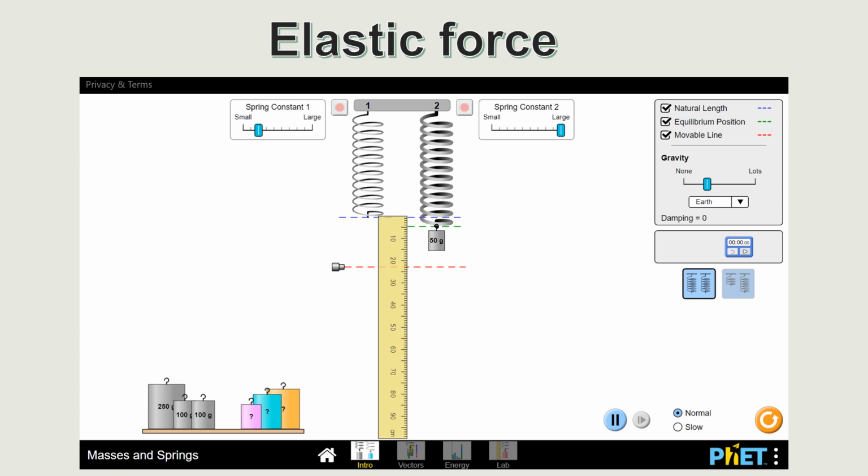It's almost double. Let's see what will happen if I put, cannot put together, okay. If I put, let's say, 250, it will be approximately 50 centimeters.